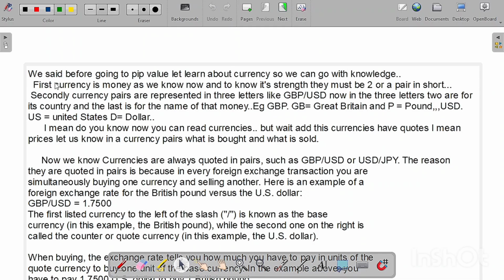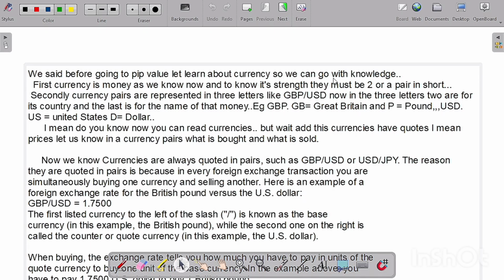So we said before going to pip value, let's learn about currency so we can go with knowledge. First, currency is money, as we know, and to see its strength, there must be two, or a pair.